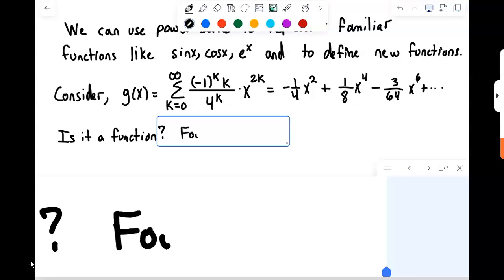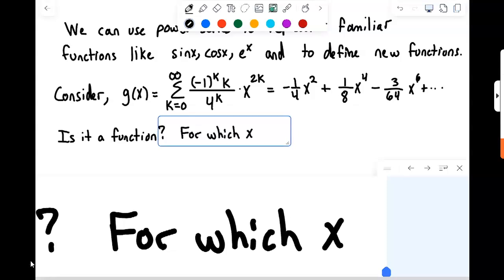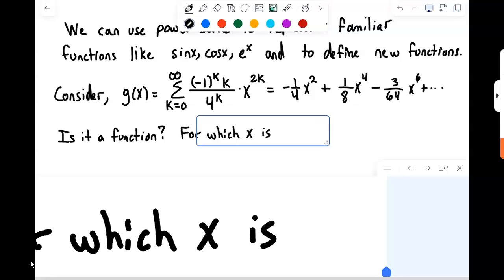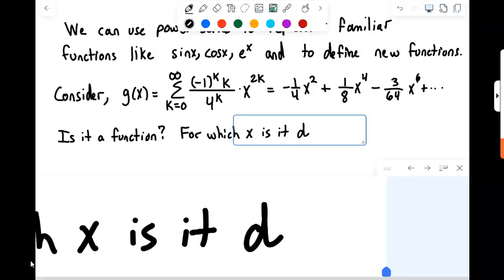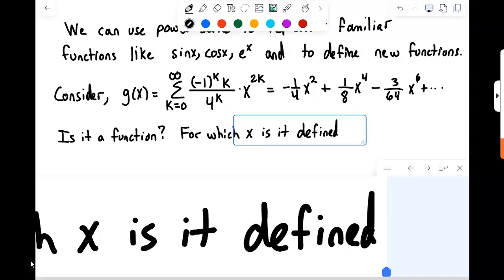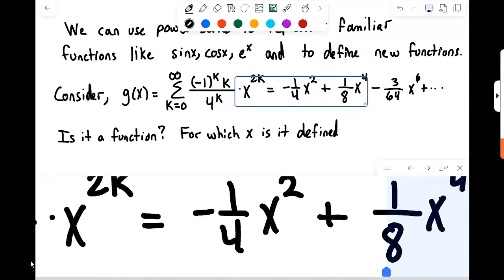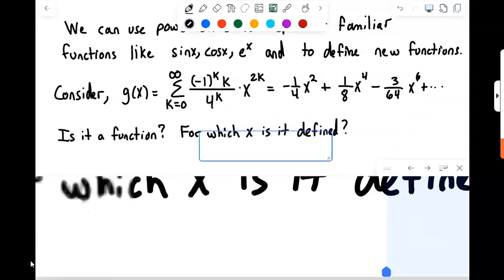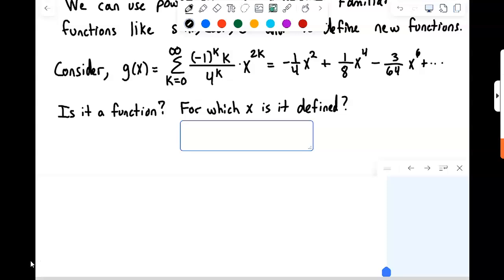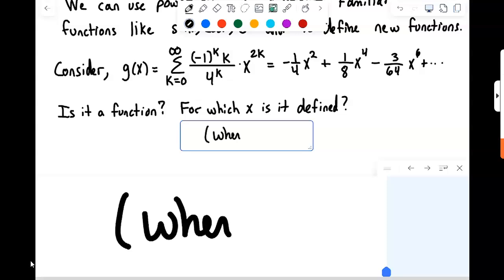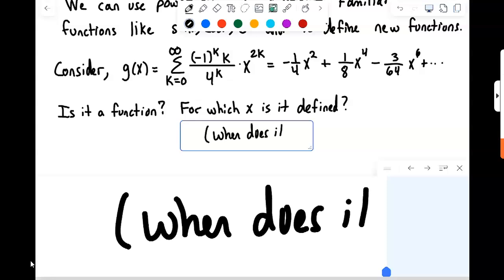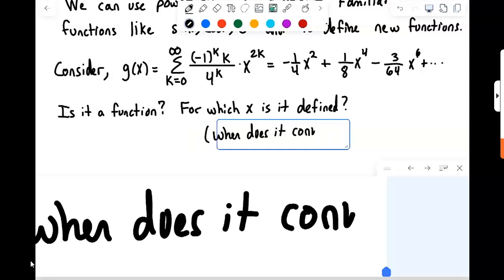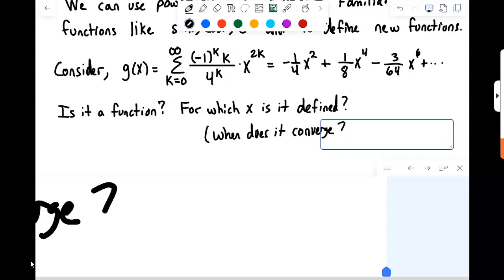So another reasonable question to ask is, for which x is it defined? Right? What values of x can we plug in, and expect this thing to produce an actual answer? So another way of phrasing this is to say, when does it converge? Right? For what values of x does it converge? Okay.